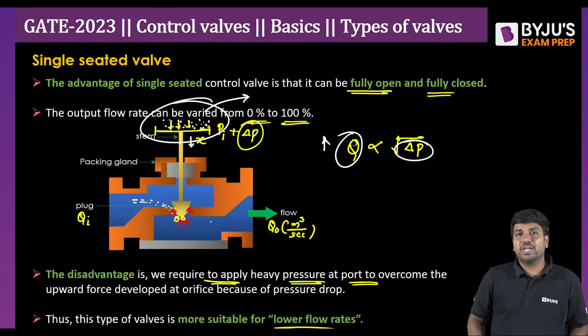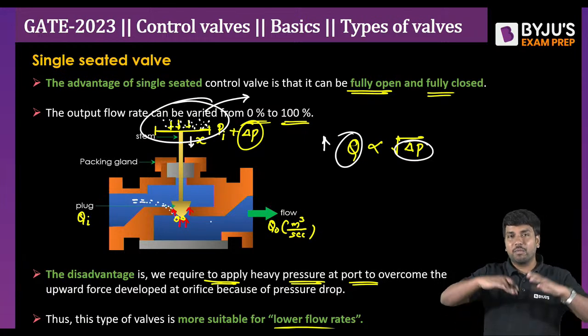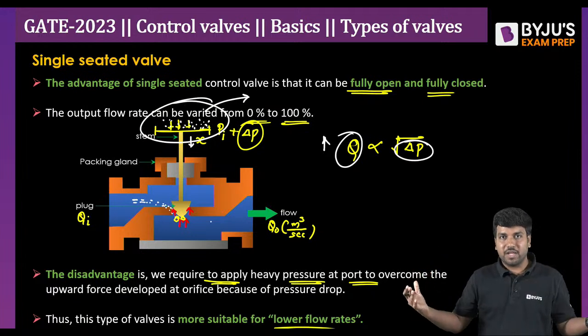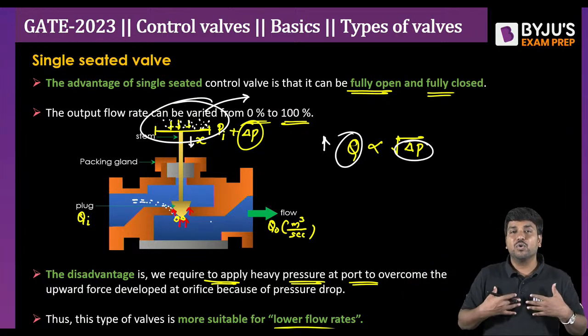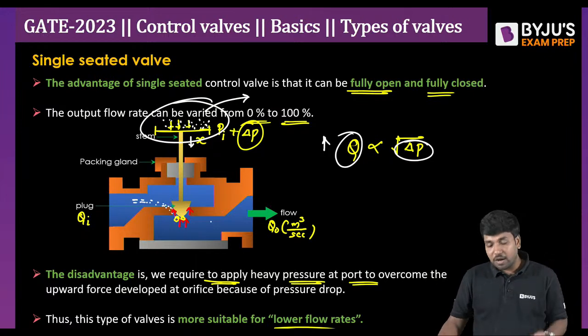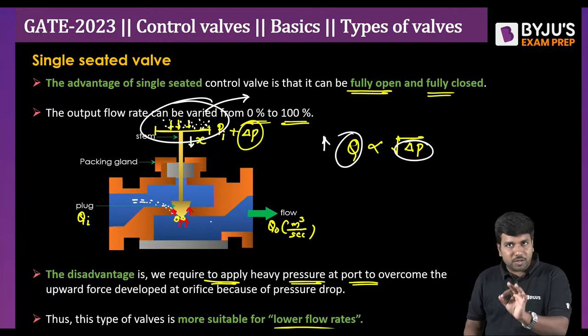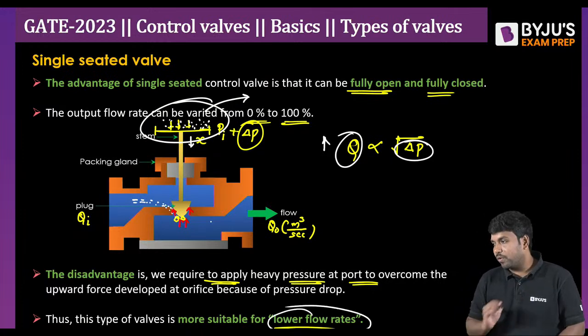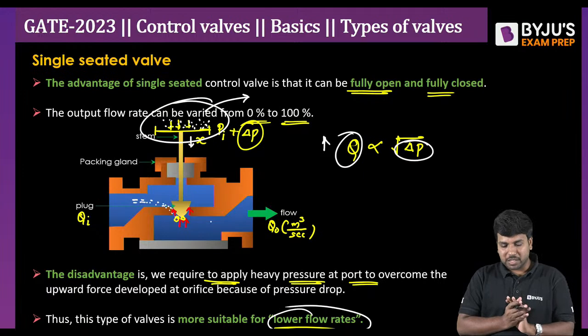But unfortunately here, if you go for the maximum pressure difference, then there is a huge chance that we will come up with a permanent pressure drop. This is the reason why we limit ourselves to use this particular valve for lower flow rates. Clear? That is the idea, simple to understand.